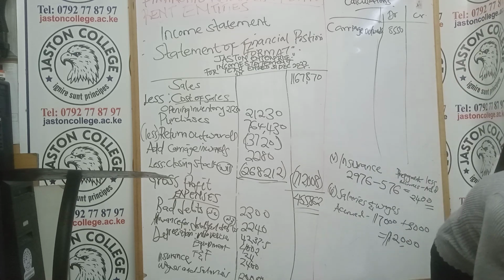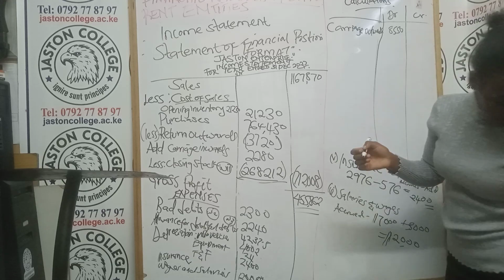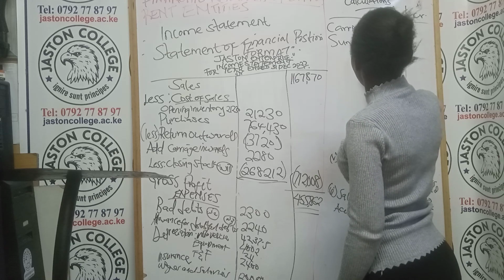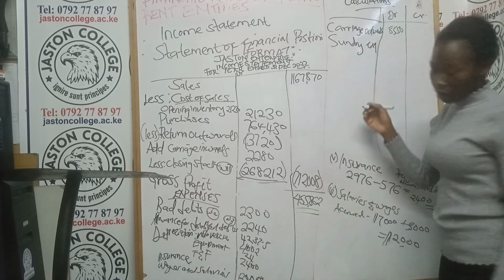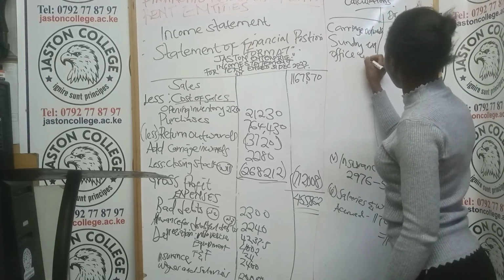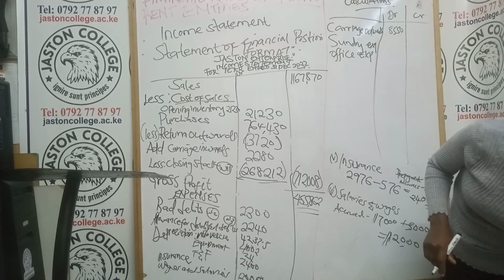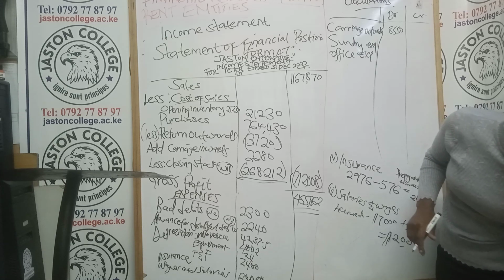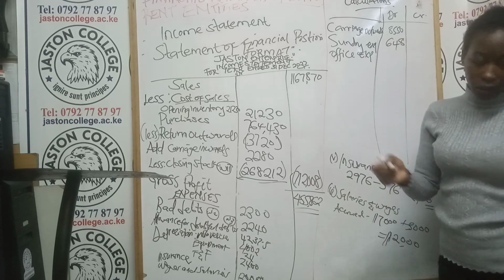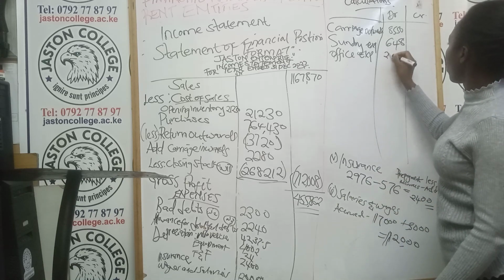We also have sundry expenses and office expenses. The sundry expenses has a cost of 648, and our office expenses has 2235.